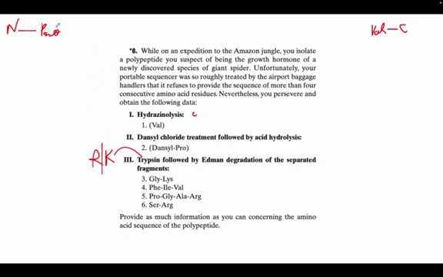Now, since we know that proline is the N-terminal residue, that means that this must be the first of the Edman degradation fragments. So we have proline, glycine, alanine, arginine, after which we would get a break. What we also know is that valine is the last amino acid, so this must be the last of the sequences.